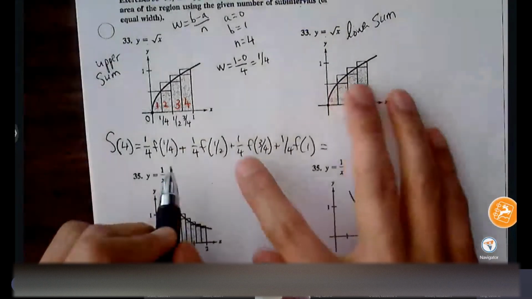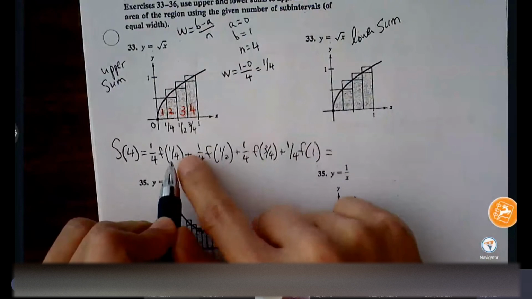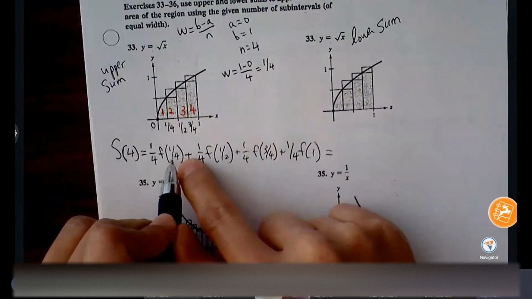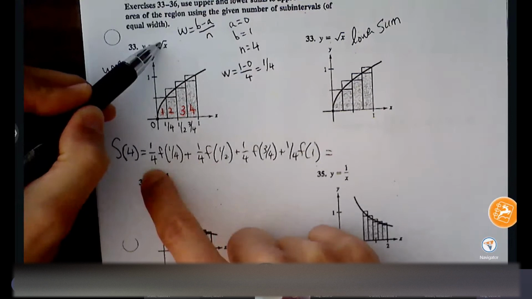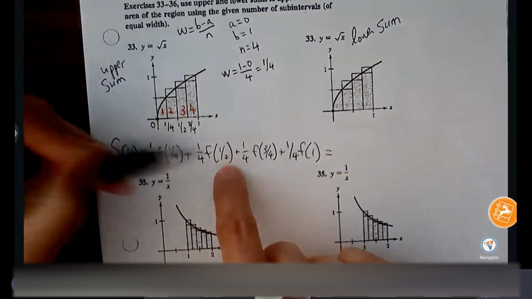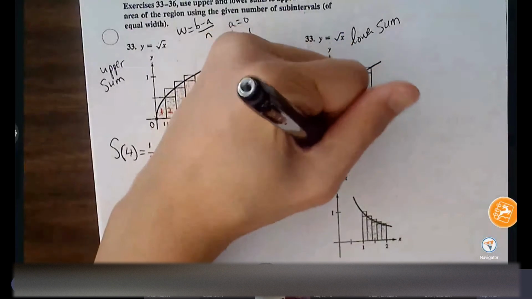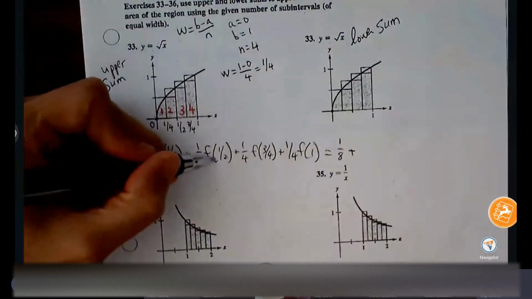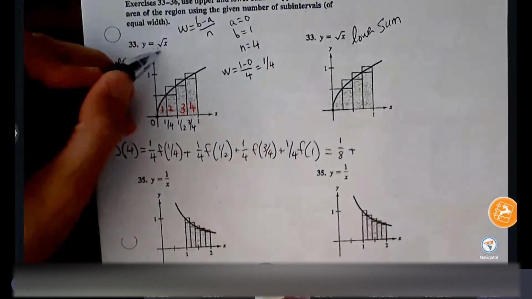Okay, and now we have to use the function to get that decimal y value. So if I do 1/4, square root of 1/4 is 1/2, 1/2 times 1/4. And we just go down the line here. So square root of 1/2 to get my y value there.